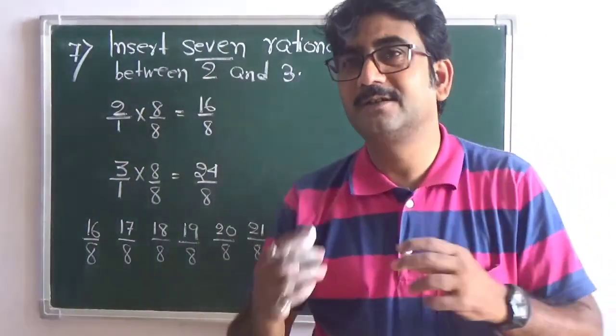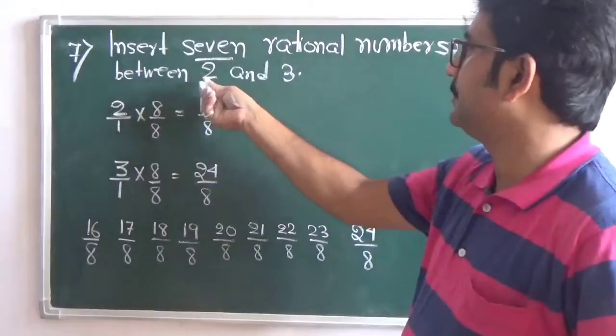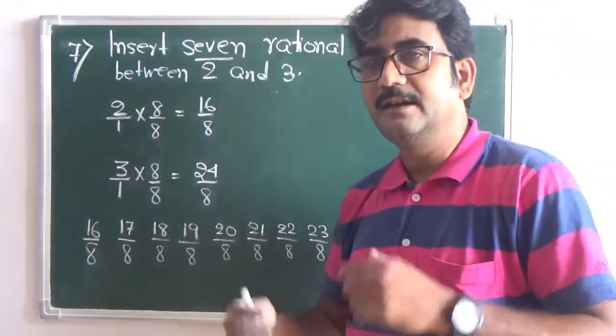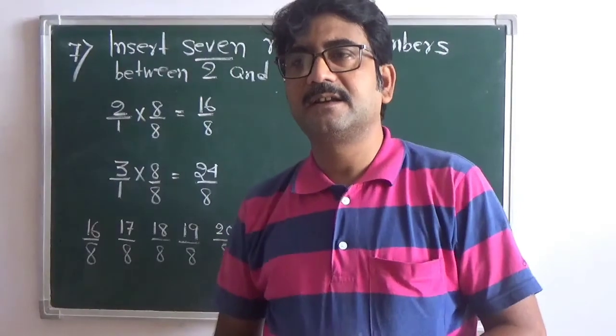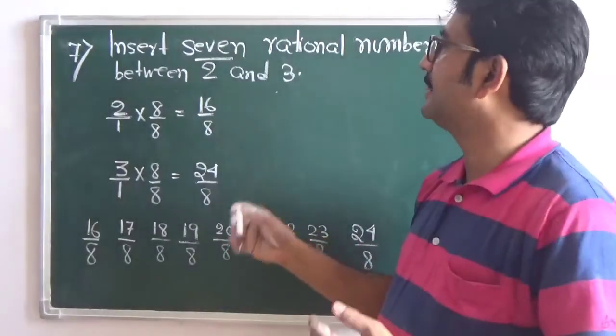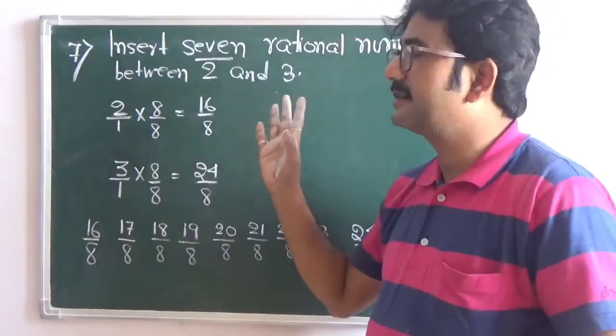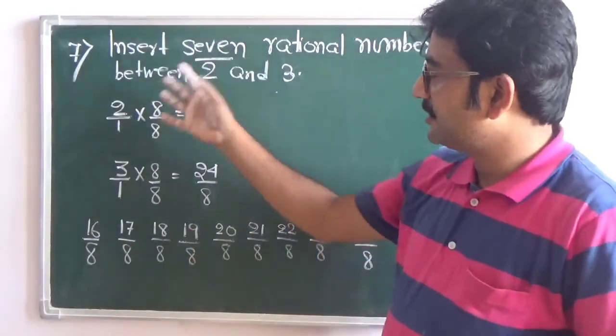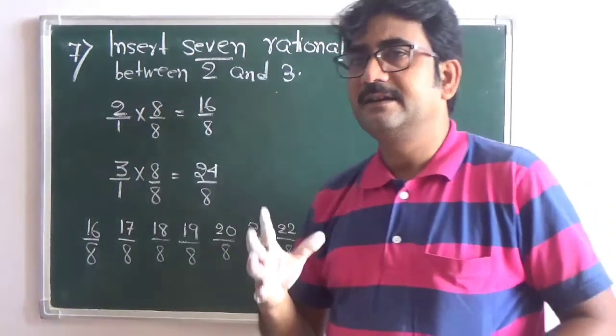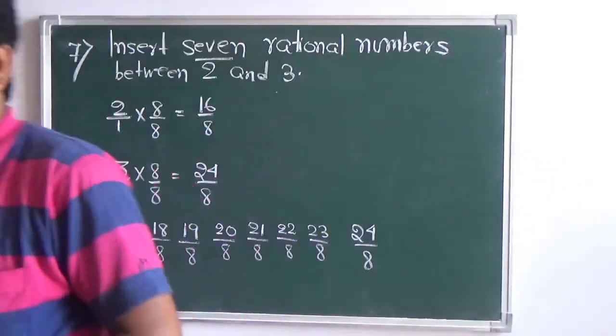But if you want more, like this example of 2 and 3, if you go on using the formula method, you will land up doing much more complicated calculations, and obviously it will be time taking. So in that case, just follow this method by same denominator, taking the LCM.